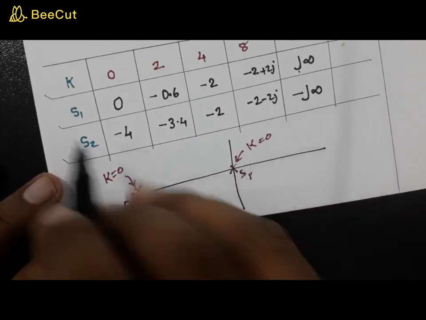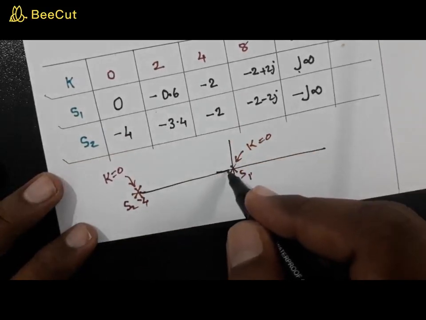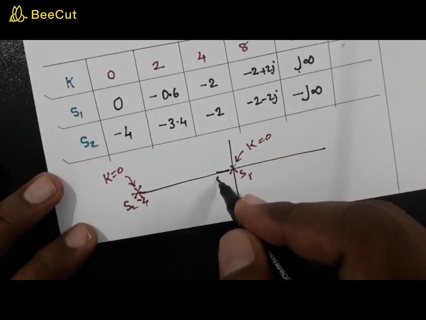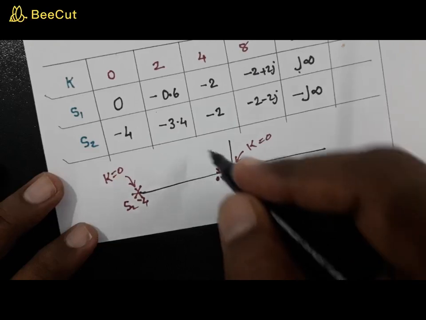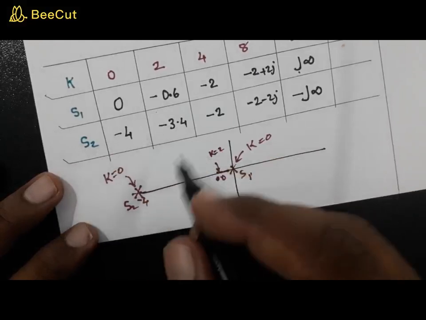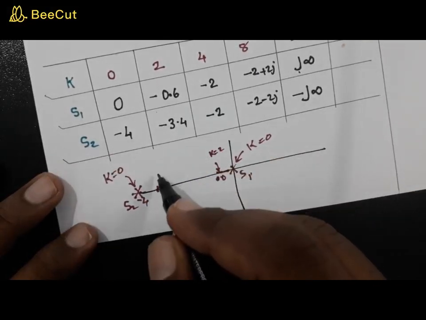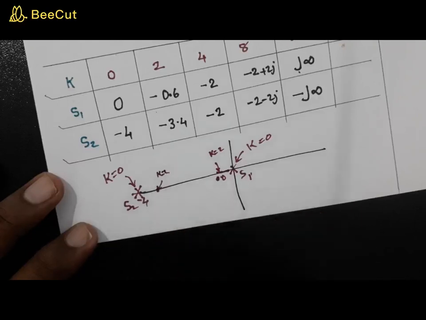Now as k varies, at k is equal to 2, s1 moves in this direction and reaches minus 0.6. When it reaches minus 0.6, we call this k is equal to 2. Here s2 changes to minus 3.4, so it may come somewhere here, at k is equal to 2.